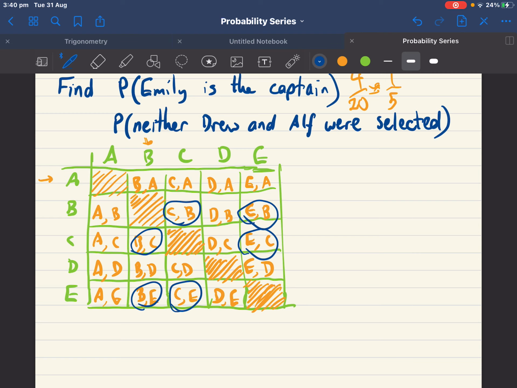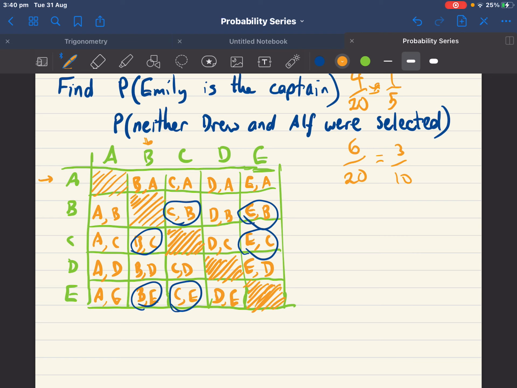Assuming I found them all, we have 1, 2, 3, 4, 5, 6. So there was 6 out of 20, or in other words, 3 out of 10, 30% chance that neither Drew or Alf were captain or vice captain.